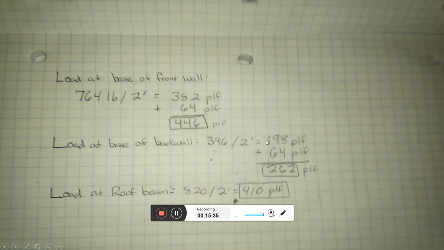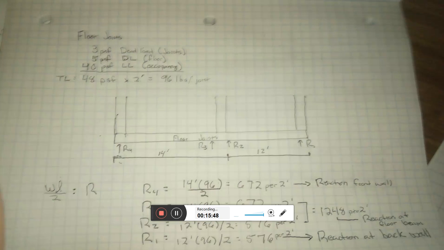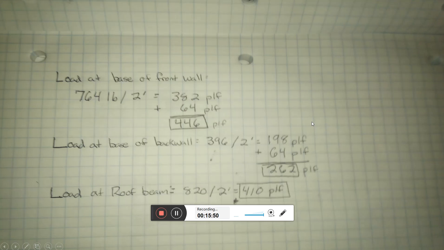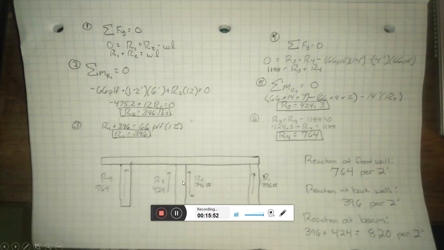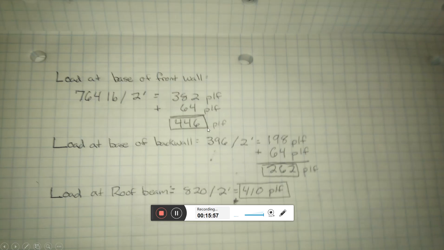So you divide that by 2 to get 198 pounds per linear foot, and then you add the same load from the rafters to get 262 pounds per linear foot. The load at the roof beam right here is those two numbers added together, and then divided by 2 is 410 pounds per linear foot.